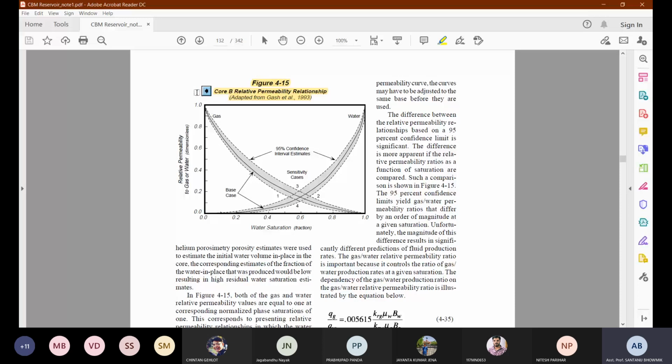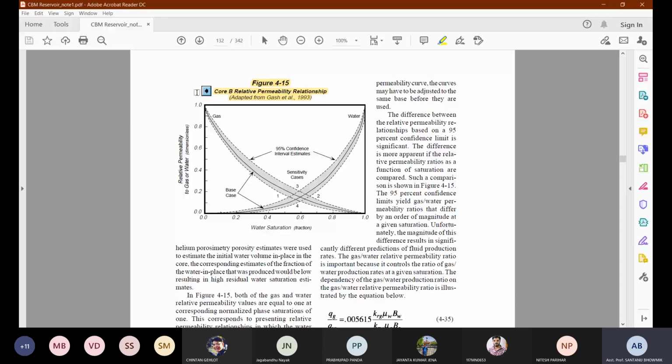If you remember the 3 phases, phase 1, phase 2, and phase 3, and you compare this result with your gas production rate from the coal bed methane reservoir, you will see that whenever the gas production is going to increase, obviously the water production is going to reduce.